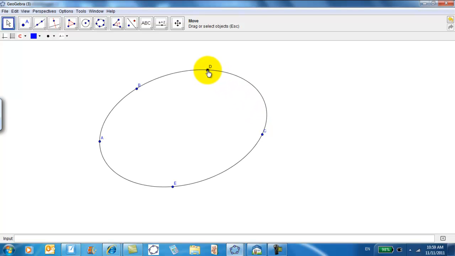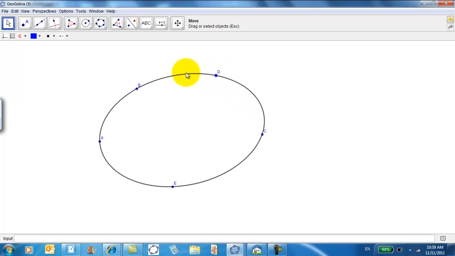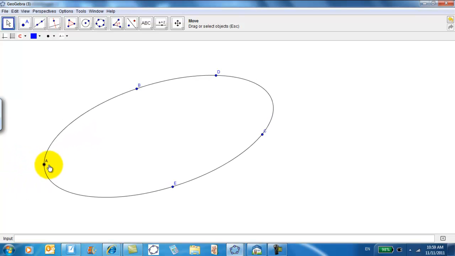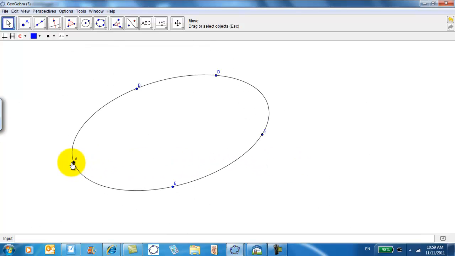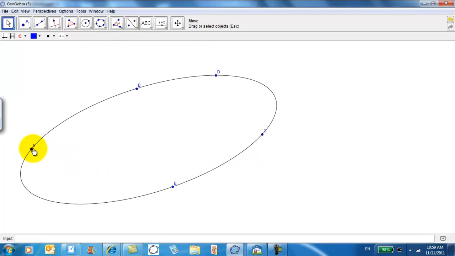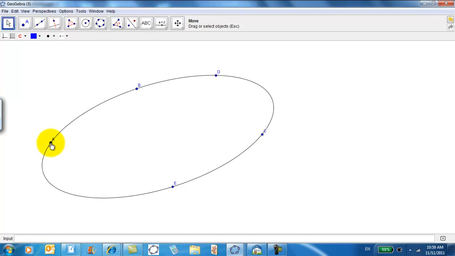And so here's where the fun comes. Let's look at A here. See how A can sweep across there. Let's try something.